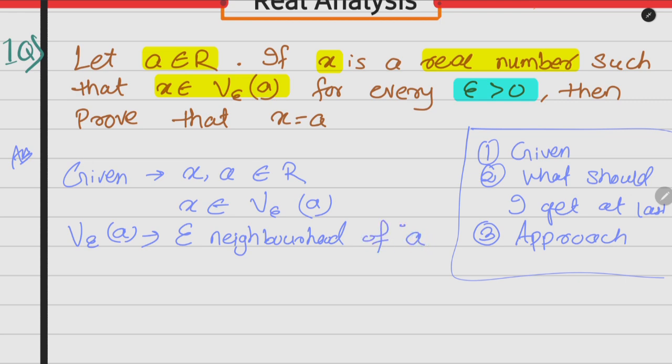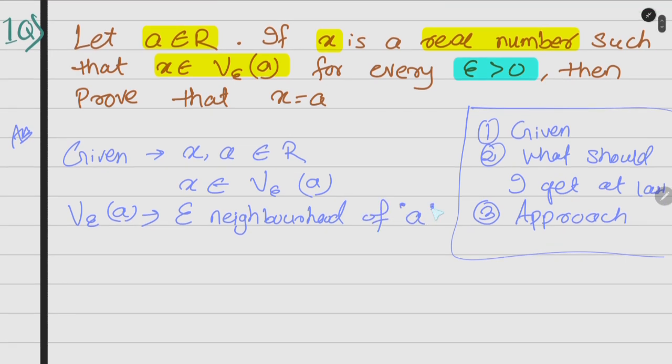If you take a number line here, let's mark a point A over here and give it a neighborhood, that is the epsilon neighborhood. This is the distance of epsilon. So X will lie in this particular region.